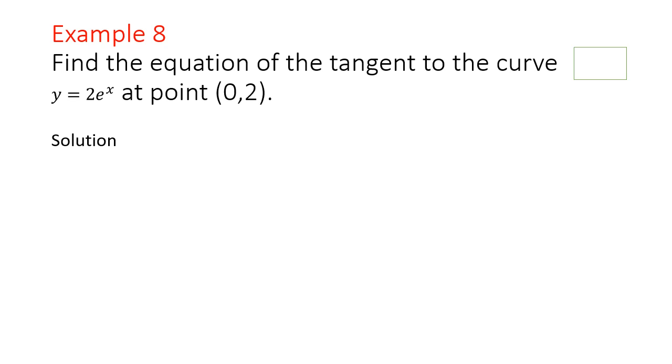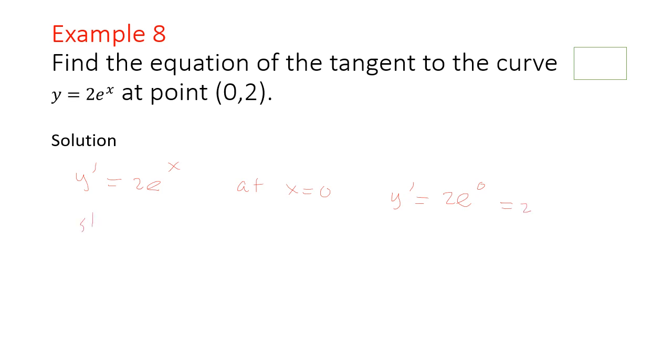Find the equation of the tangent to the curve y equals 2e to the power 2x at point 0, 2. So the solution: y prime equals 2e to the power 2x. At x equals 0, y prime equals 2e to the power 0, equals 2.